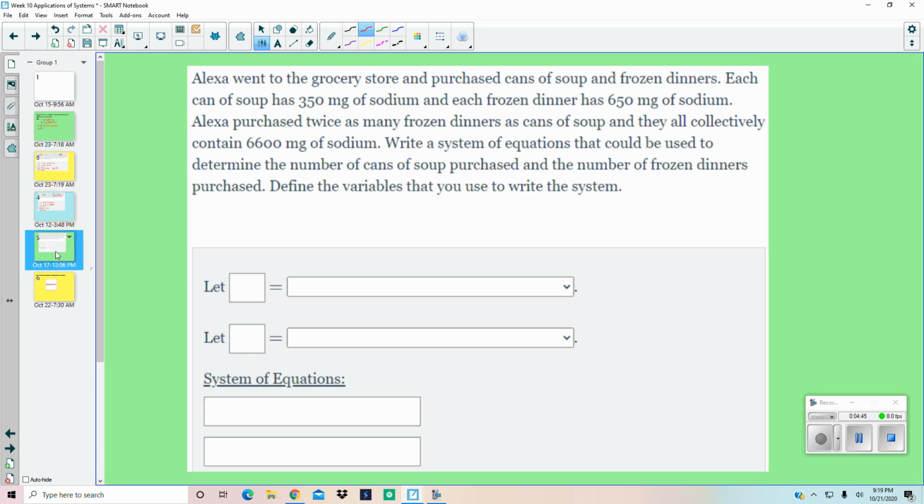So here we have Alexa. She went to the grocery store and purchased cans of soup and frozen dinners. So I've got soup and dinners. So that's going to be my variables right there, S and D. Each can of soup has 350 milligrams of sodium. Each frozen dinner has 650 milligrams of sodium. So Alexa purchased twice as many frozen dinners as cans of soup. Well, that tells me something right there.